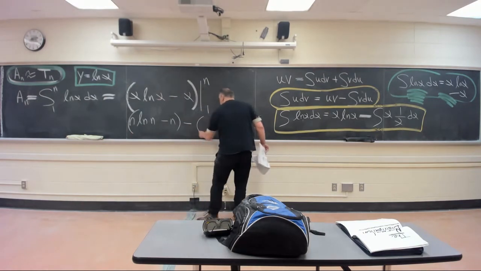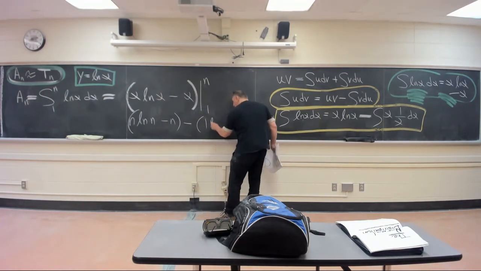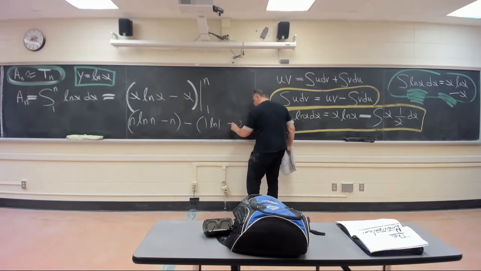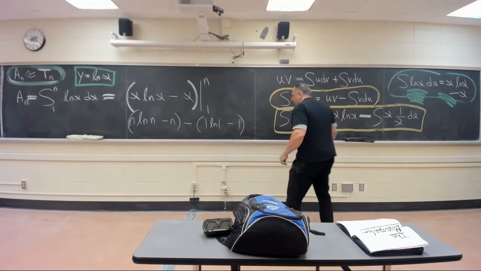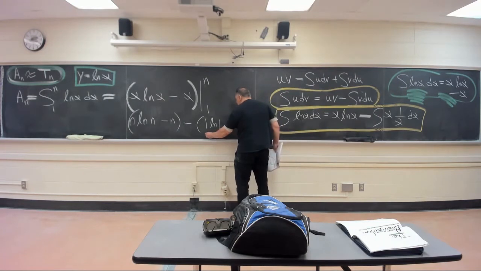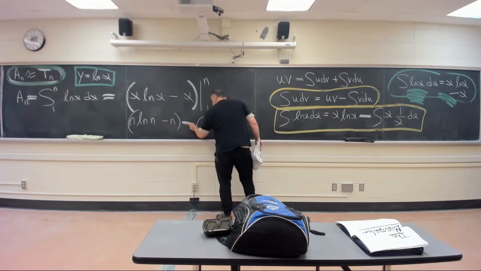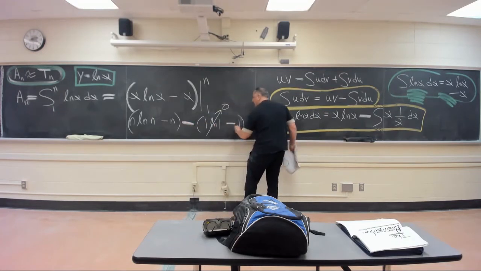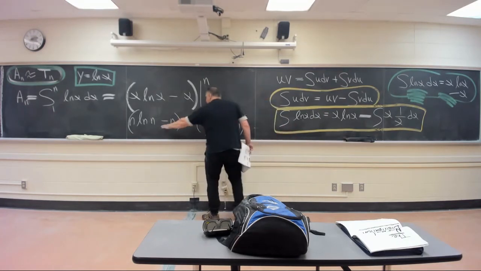Minus, put a 1 here. Okay. The natural logarithm of 1 is 0. That's gone. This is minus a minus, which is plus, and this is whatever it is.